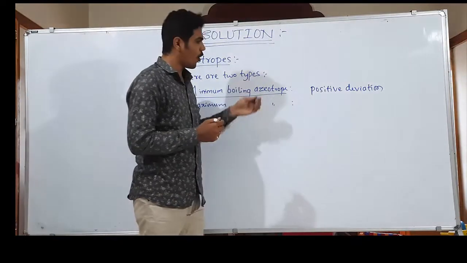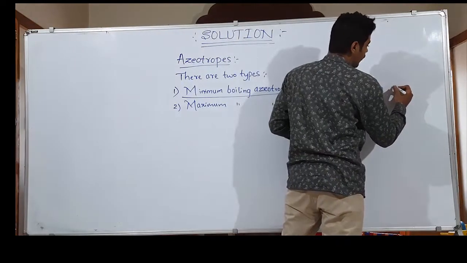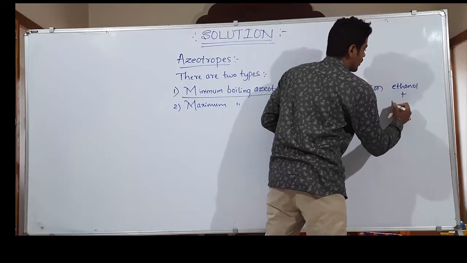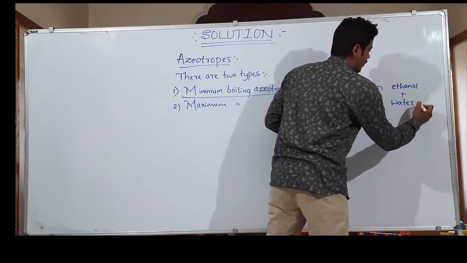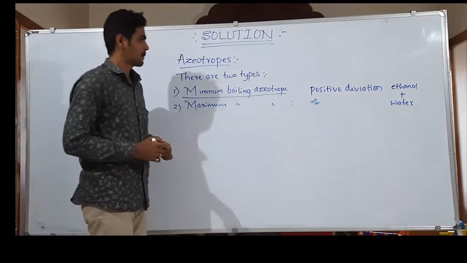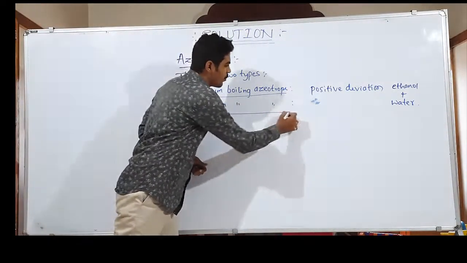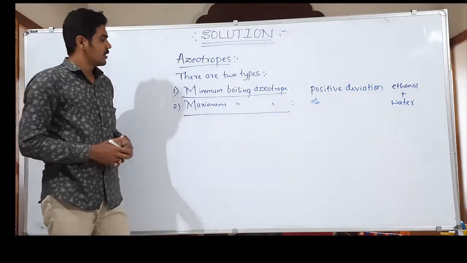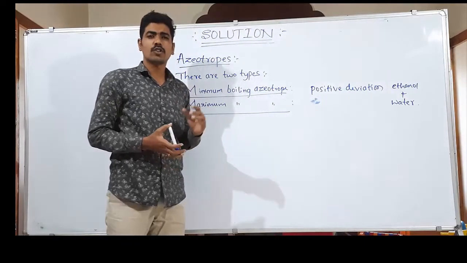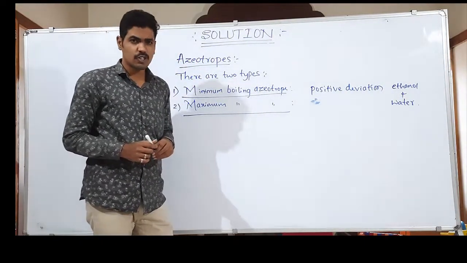And the example of minimum boiling azeotropes is the mixture of ethanol and water. The second one is maximum boiling azeotrope. The maximum boiling azeotropes are the solutions which show the large negative deviation from Raoult's law.